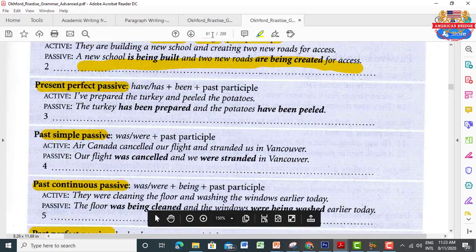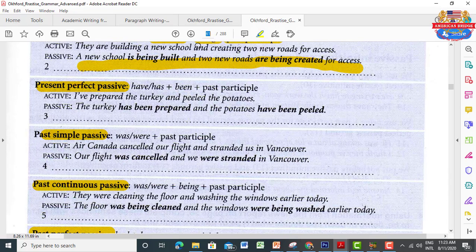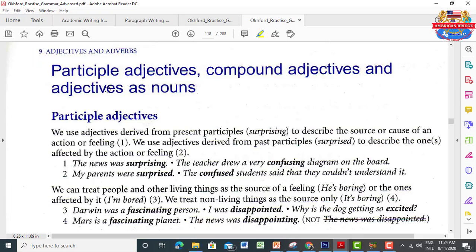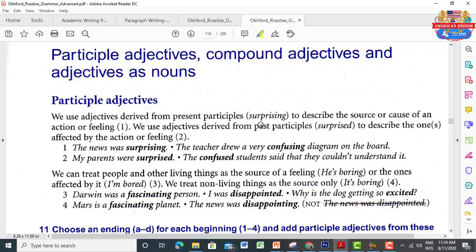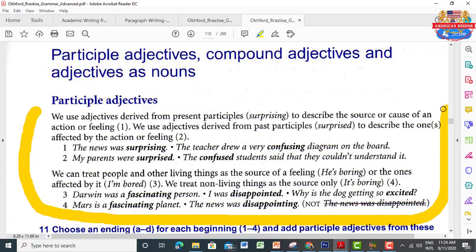Okay, without further ado, the teacher would like you to go to another topic, about the participle. We are now talking about participle adjectives and participle phrases. First, you should learn what a participle adjective is before you move to participle phrases.